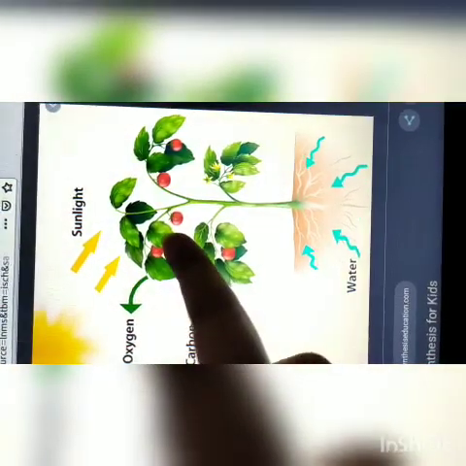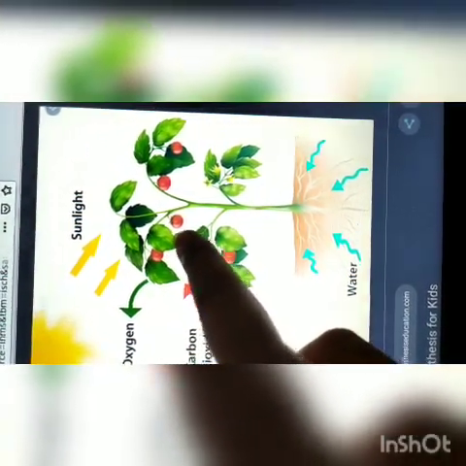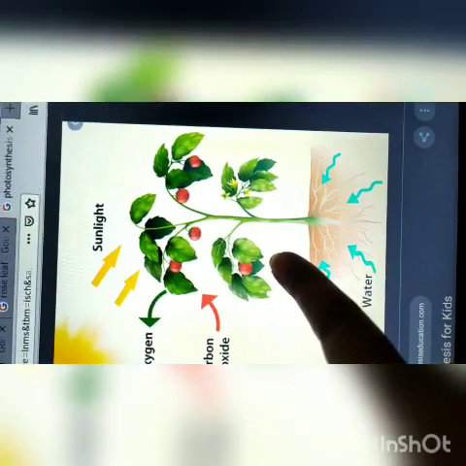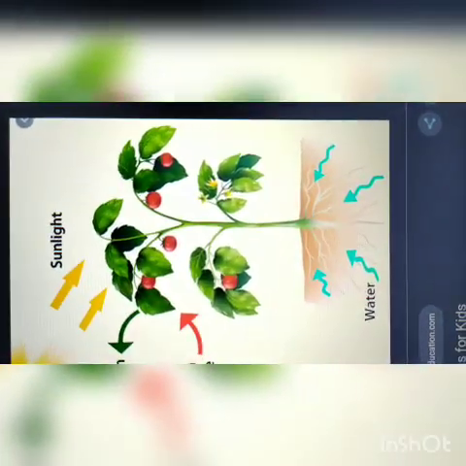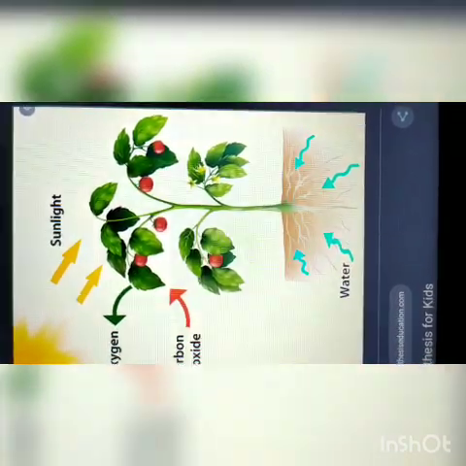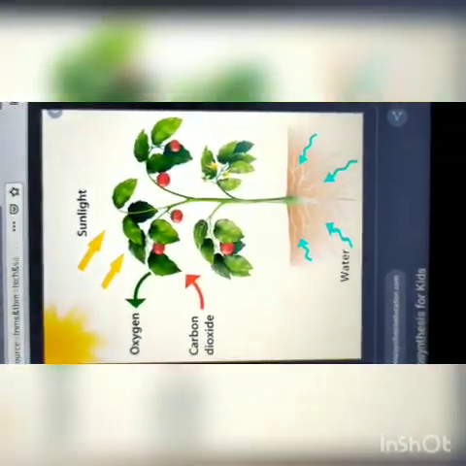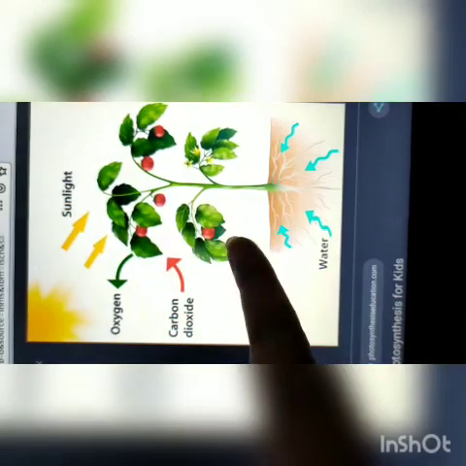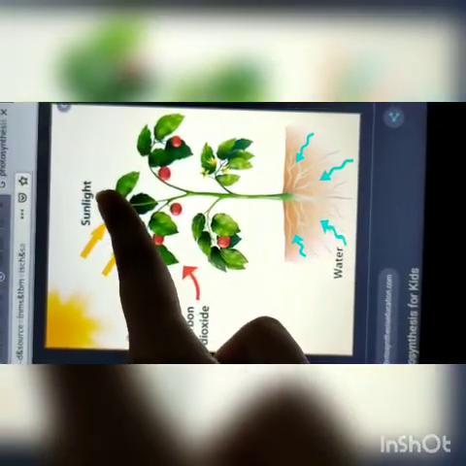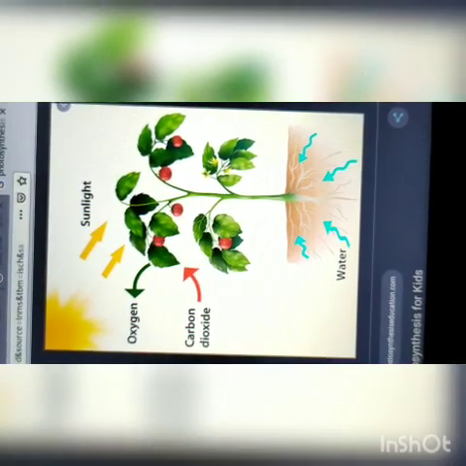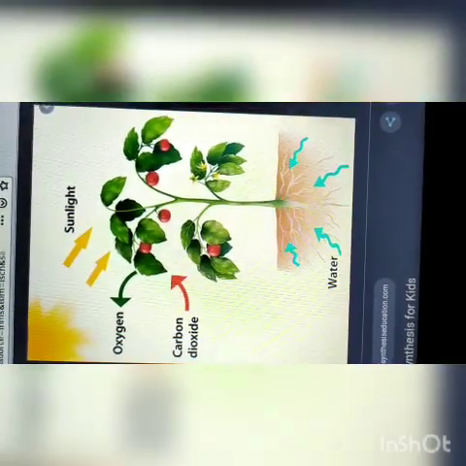Chlorophyll is a green substance present inside the leaves, which makes the leaf green in color. So, green leaves use water, air, and sunlight in the presence of a green substance called chlorophyll.